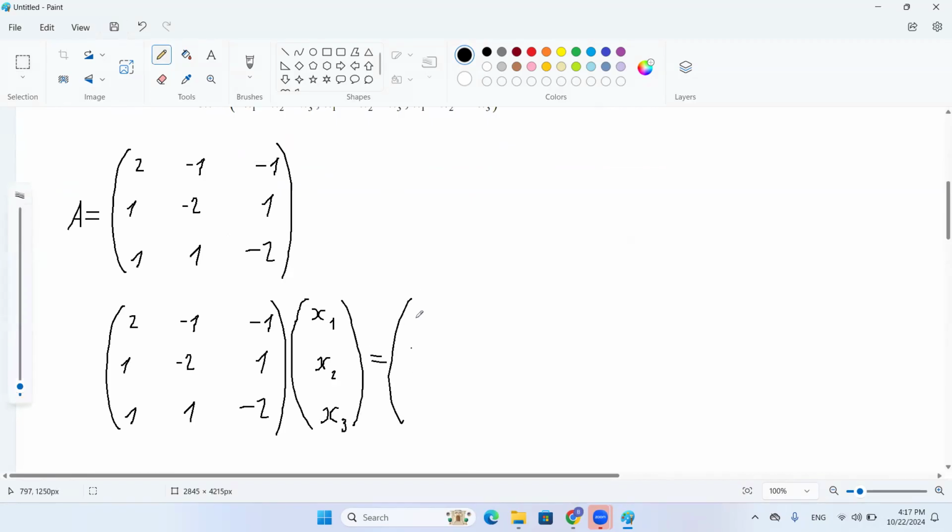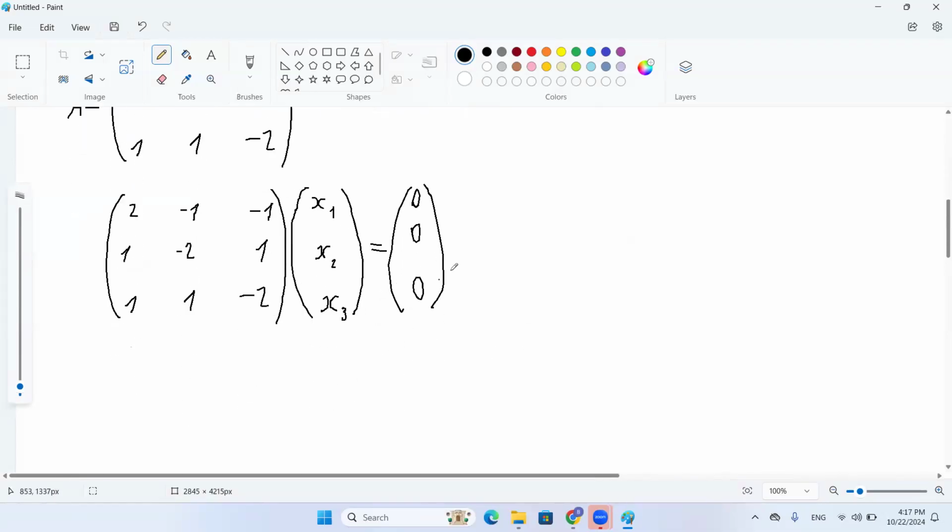We just need to solve this equation system: A x equals 0, the zero element, and that's it. And maybe it will be a capital theta, but nevertheless. Okay, so let's use our favorite Gaussian method.